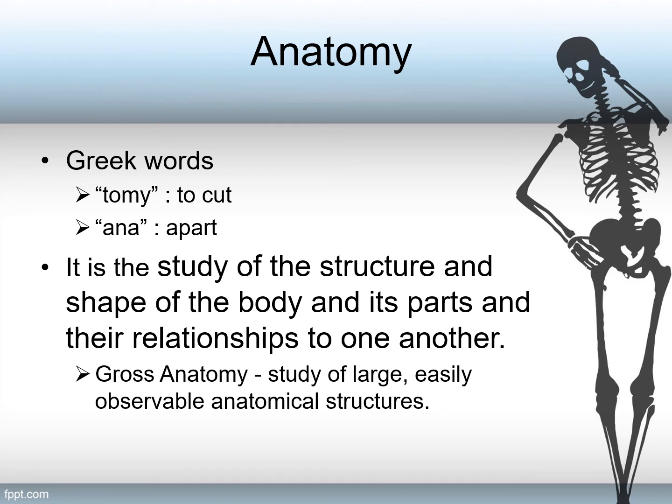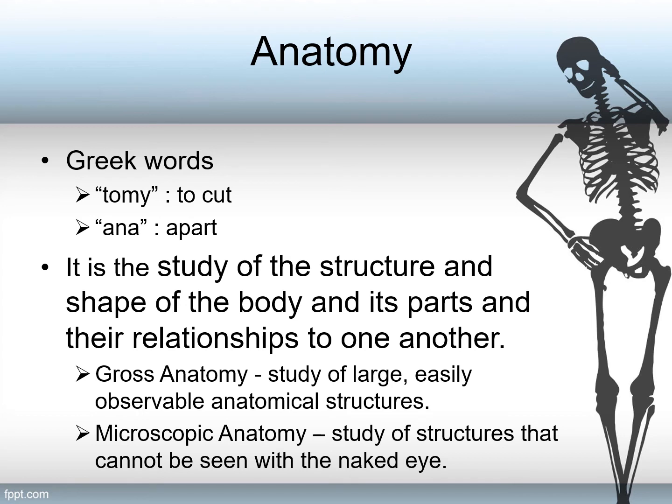On the other hand, microscopic anatomy is something that you would need the help of a device to be able to see the structure of the body. Let's say, for example, whenever you're studying red blood cells, you won't be able to see them with your naked eyes, but you would need the help of a microscope. Hence, microscopic anatomy.